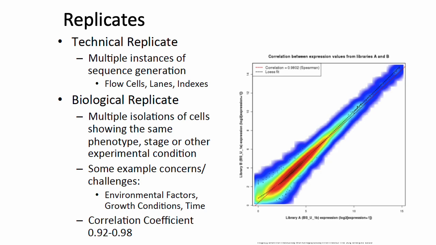Suppose you're doing a case-control experiment where you're trying to compare normal versus tumor lung samples in humans. When you're doing these RNA-seq assays for multiple samples, you sequence each sample multiple times, and each time you vary technological factors.